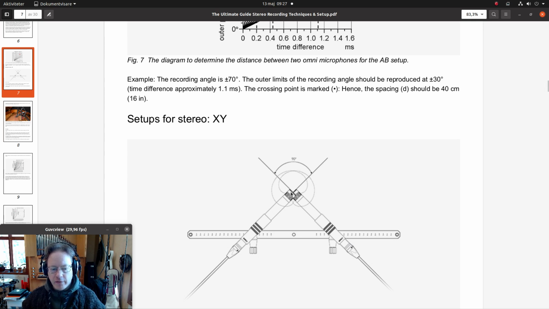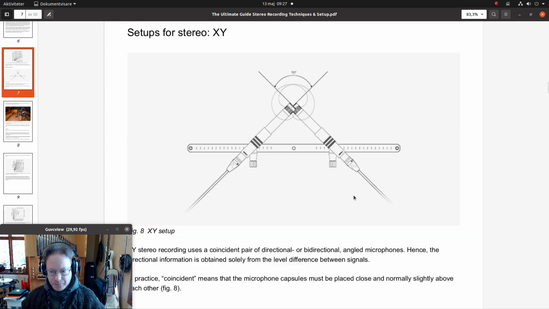And the level difference and the proportion, I should say, of direct sound and reflected sound might differ too much in that rank, so it won't sound really natural. So you will have to experiment with that, checking the closest pipe and also the ones that are most far away to achieve a good balance.